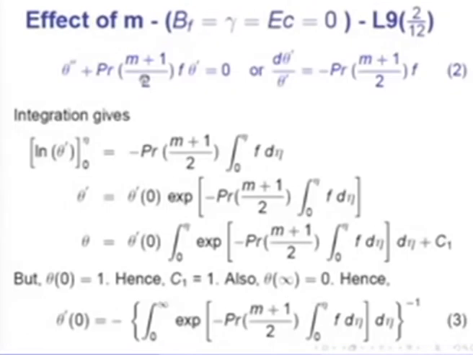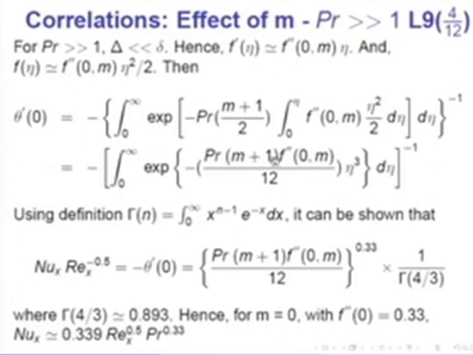So, if I now include this solution in this here, which is an approximate solution to the velocity, I can readily evaluate minus theta prime 0, and that is what I have done. So, if I substitute f double prime 0 m eta square by 2 for f, then I get that.